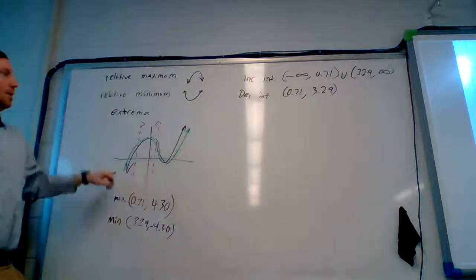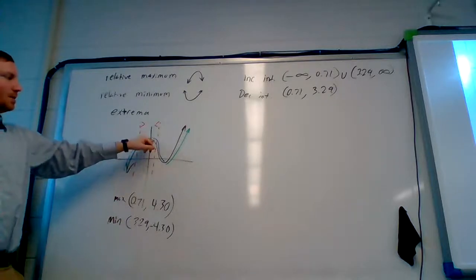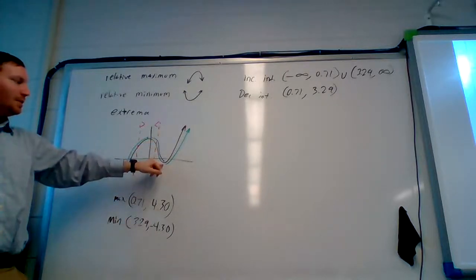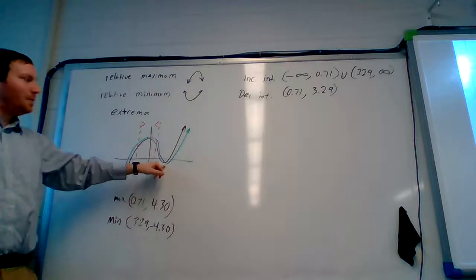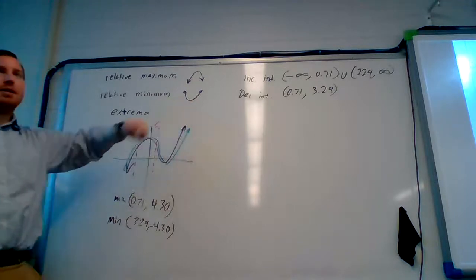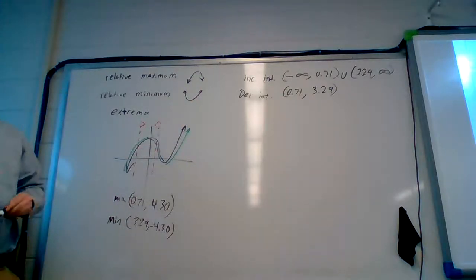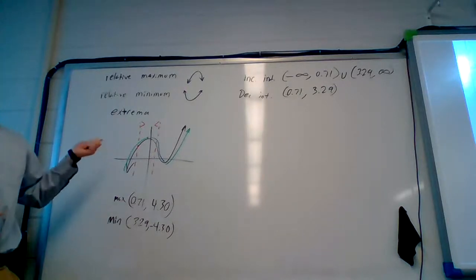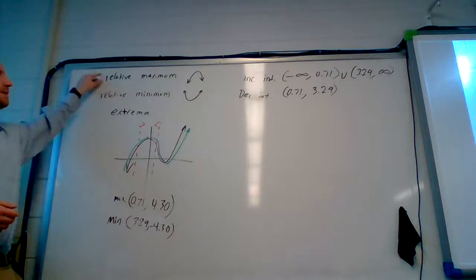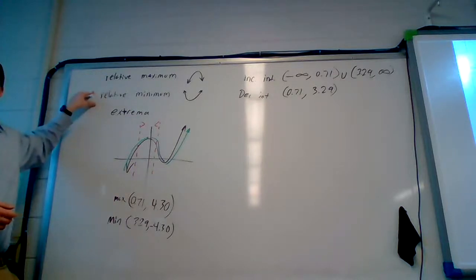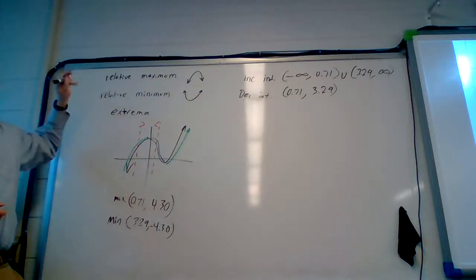We're increasing up to our maximum, then we start dropping back down, so we're decreasing, and at the minimum, we start increasing again on the other side. Any questions on maximum, minimum, increasing, decreasing?